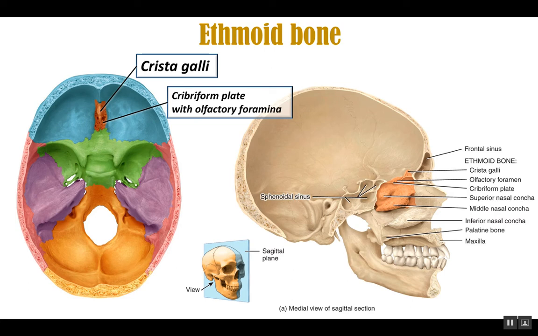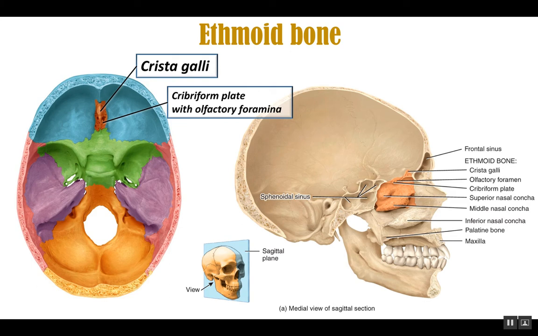The nasal cavity has a high surface area in order to properly humidify the air, so these are all covered with mucous membranes that will add moisture to the air that you breathe in. They're also there to help filter out any particulates that you breathe in, and they also help warm the air as it travels through the nasal cavity.